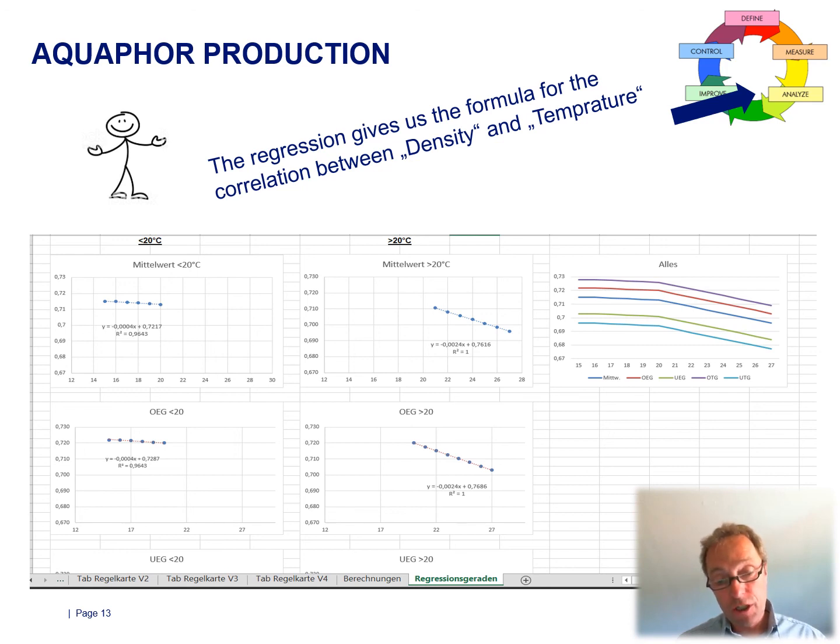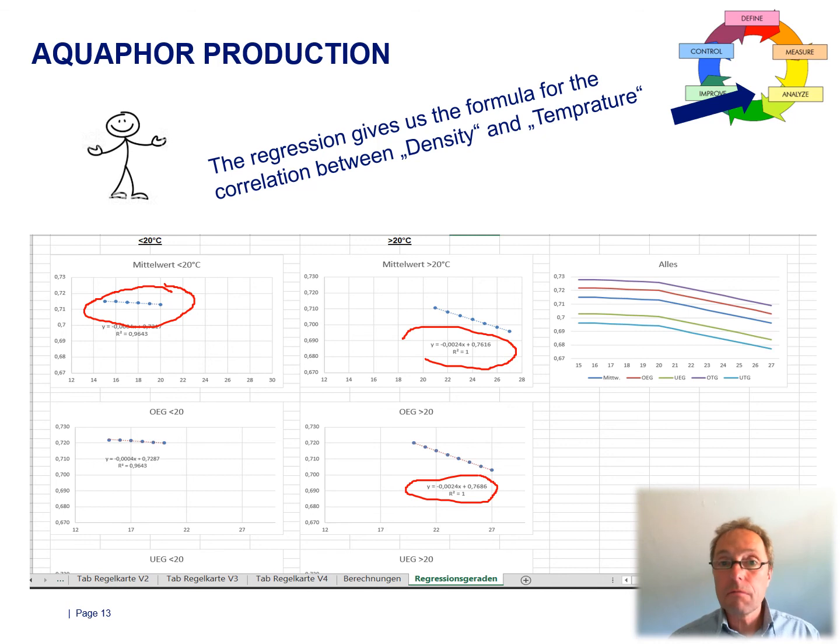And what we see here, all the points are on a line, meaning the correlation factor is very high. There is a very good correlation between the two values. And with these formulas which we got here, we can handle and steer the process also in different temperature ranges.